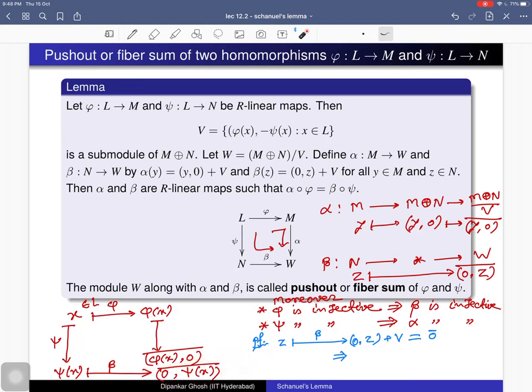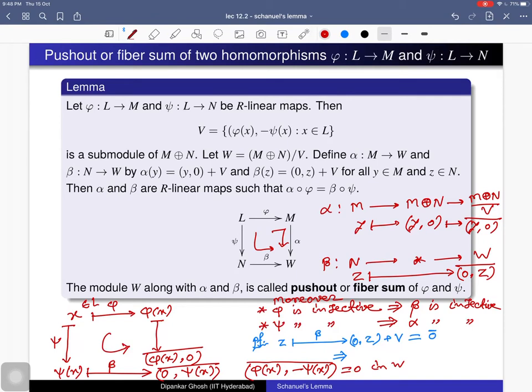Yes, they are equal because of the construction of W. If we consider phi of x comma minus psi of x, this is an element in V, and W is the quotient module of M direct sum N modulo V. So its equivalence class is 0 in W. And since this is 0, this equivalence class is the same as that equivalence class. So we have that this diagram is commutative.